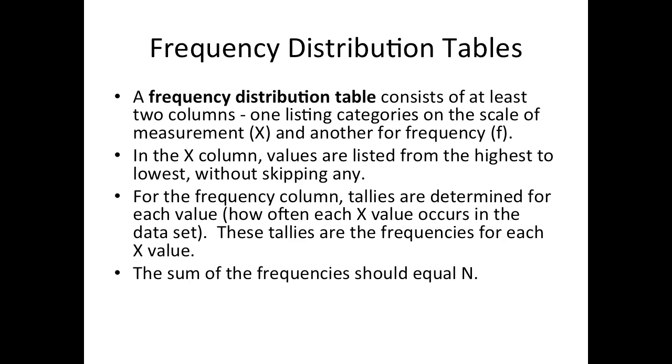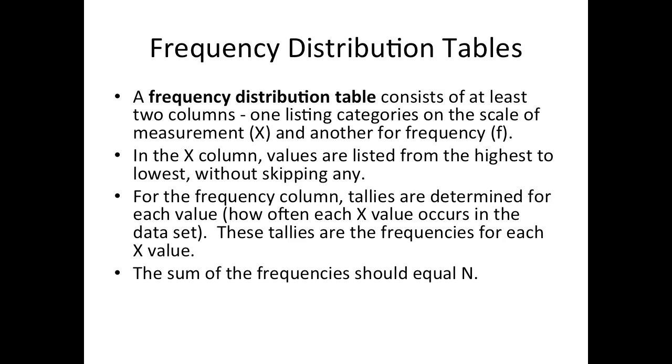A grouped frequency distribution would just group them, like 1 to 4, and then 4 to 6. But you don't have to worry about grouped frequency distributions. For the frequency column, it's just the tallies of how often that occurred.